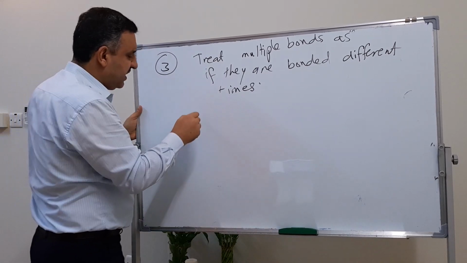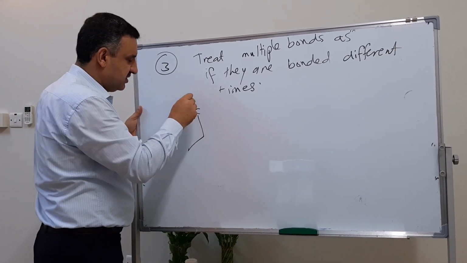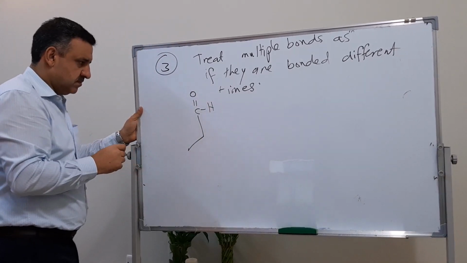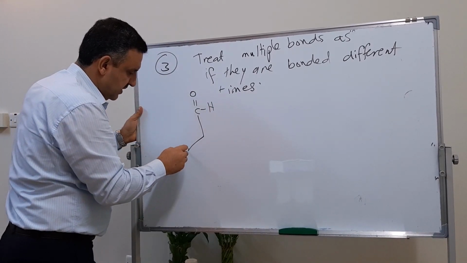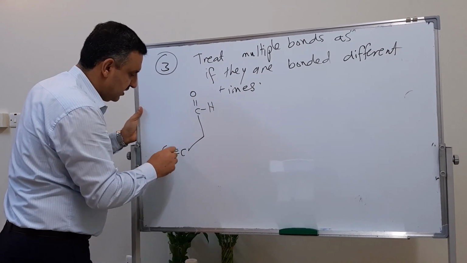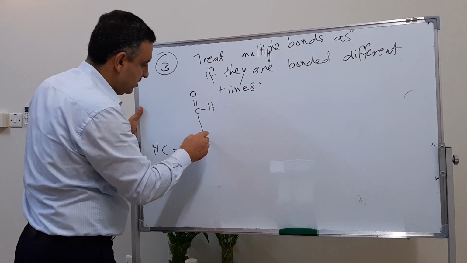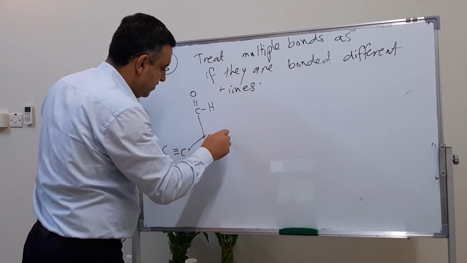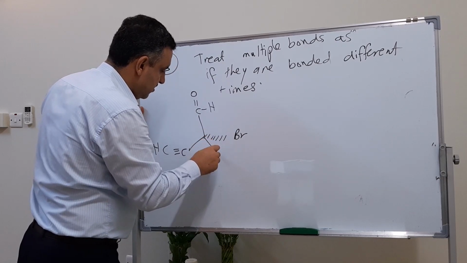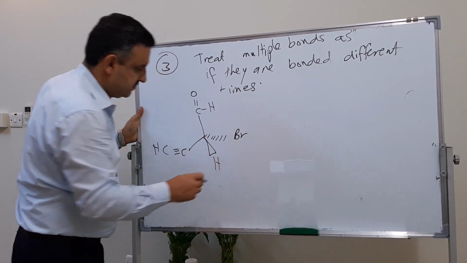Let's take specifically an example. So C double bond O hydrogen, and we have C triple bond C hydrogen, and then we have Br, and then we have hydrogen.